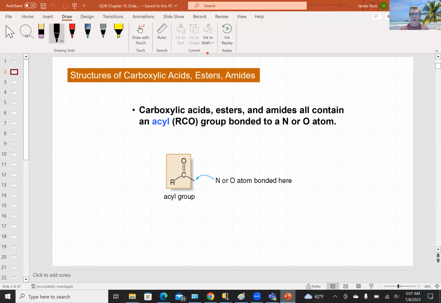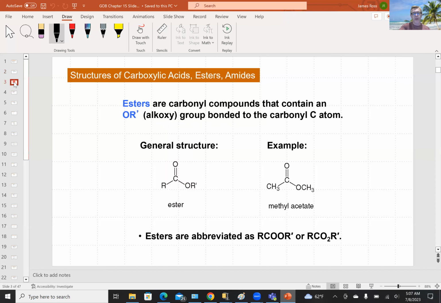That's what these three structures all have in common. So around that carbon, in the carbonyl, we have a 120-degree bond angle. Each of these angles would be the same.